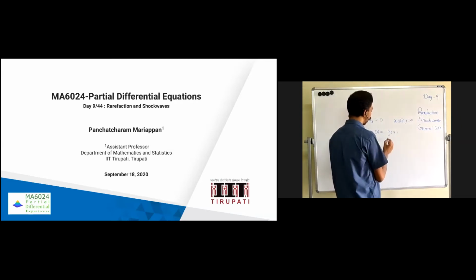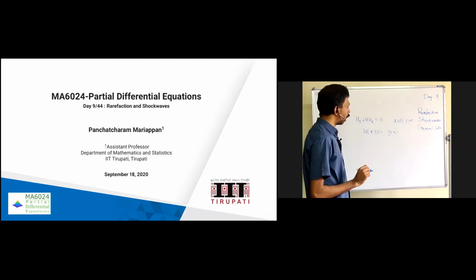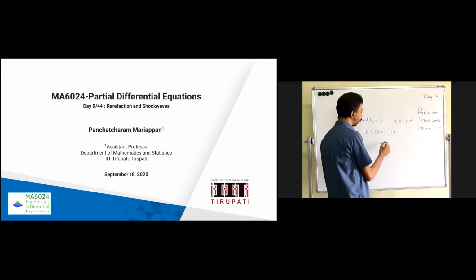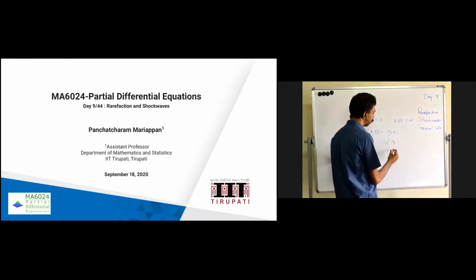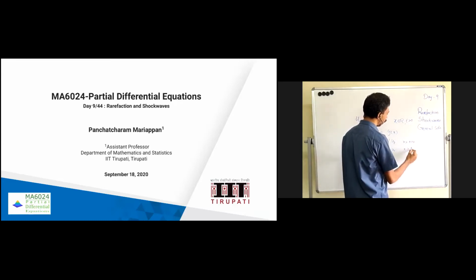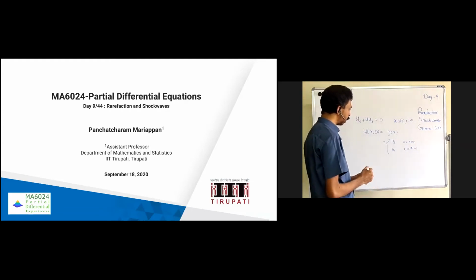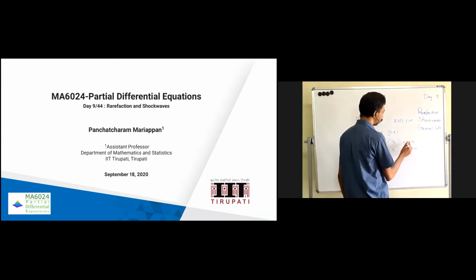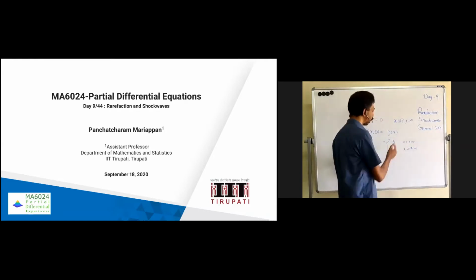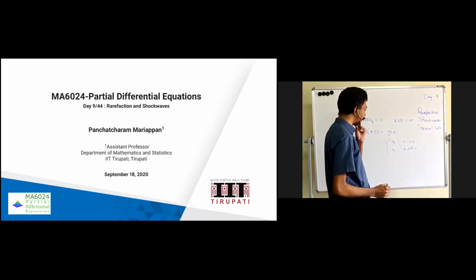So in general, there are these two classes of problems: one is rarefaction and the other is shock wave. One is called u_L and the other is called u_R, that is u_L when x is less than or equal to x0, and u_R if x is greater than or equal to x0.